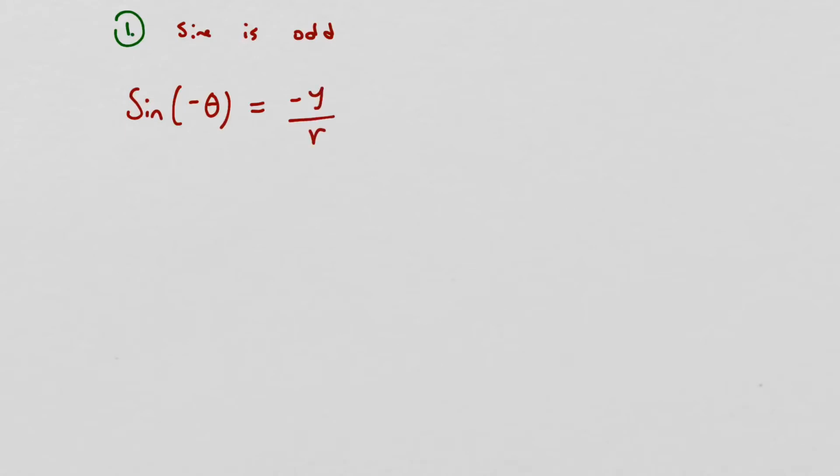Since our definition used the unit circle, which means the radius was equal to 1, this is the same thing as just negative y. Now, negative 1 times y can then be replaced with negative times our sine theta. And so we have that sine is odd.